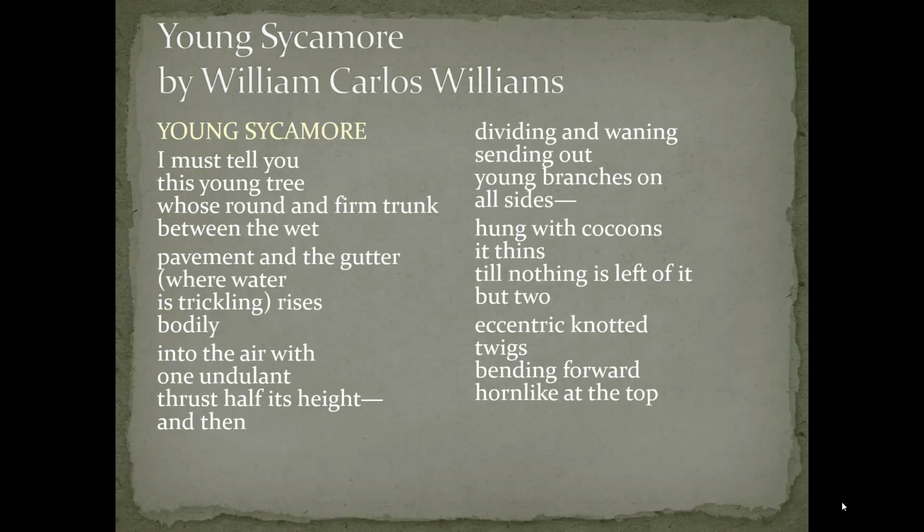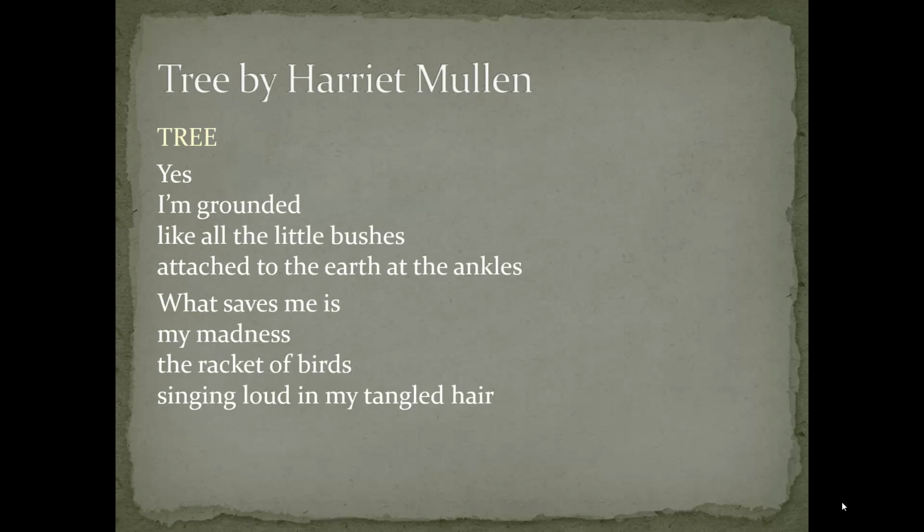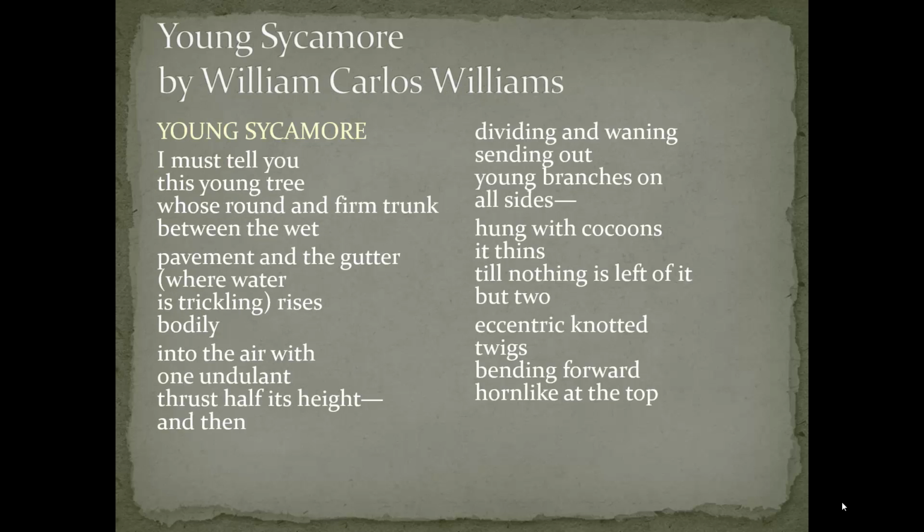So these two poems are describing trees, but the way that they're describing them is so specific, so detailed. In the case of William Carlos Williams, he can be talking about something else by writing this way about a young sycamore tree. He could be writing about a young girl that he saw in a desperate situation.